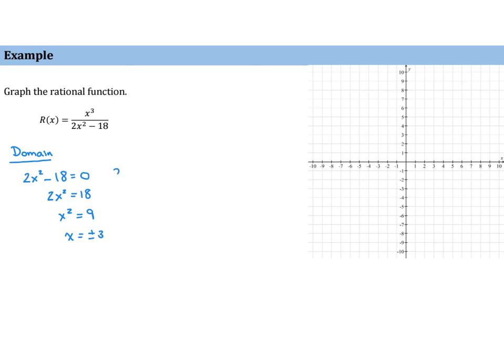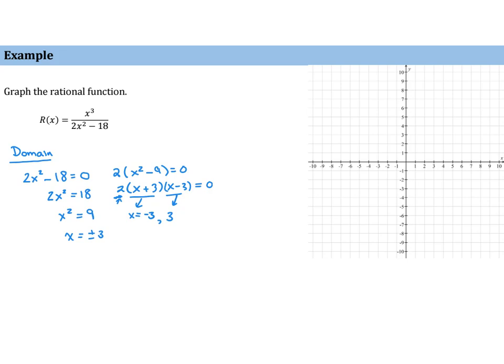Or if you wanted to factor it out, you would go through this process. So now we would have 3 factors, and the question is, can they be 0? 2 can't be 0, but x plus 3 could be 0 if x equals negative 3, and if x is 3, we could have 0 for that factor.